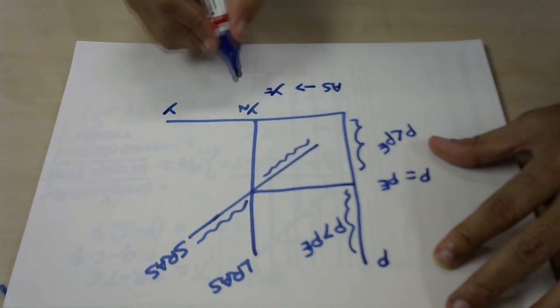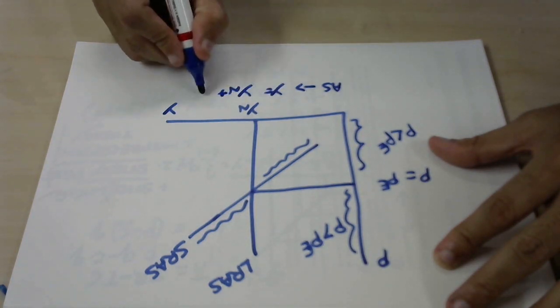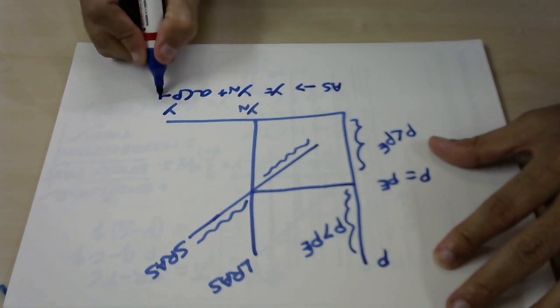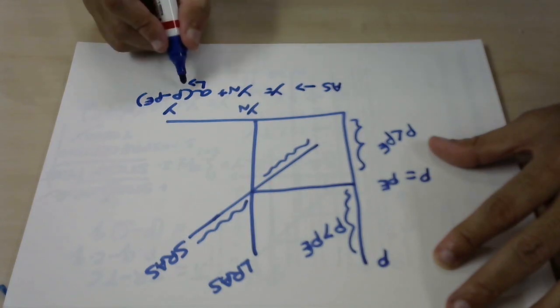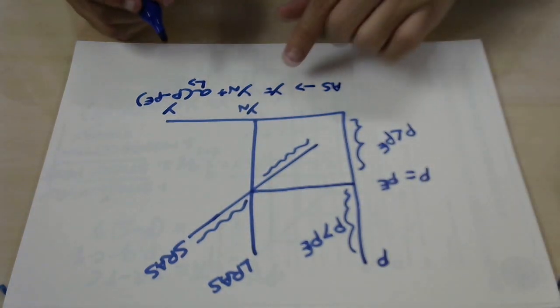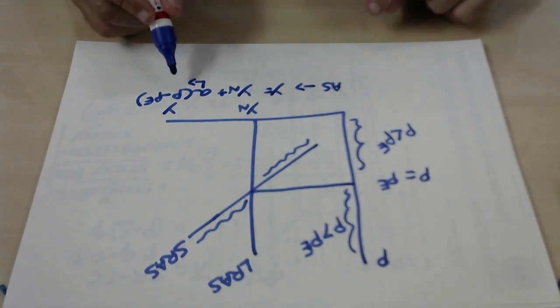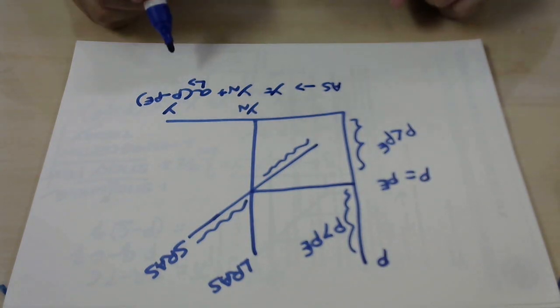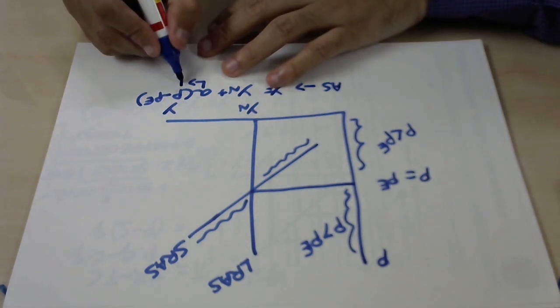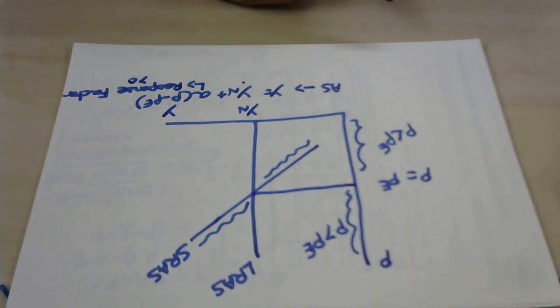So my aggregate supply curve can be represented as Y is equal to Yn plus A into P minus PE. A is the responsive factor, which tells how output responds to a deviation of the actual price level from the expected price level. However, in the long run, all the imperfections are sorted out.